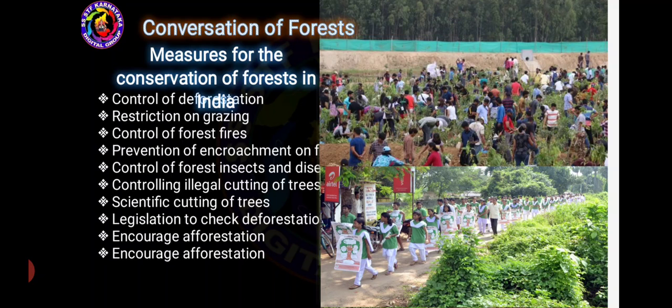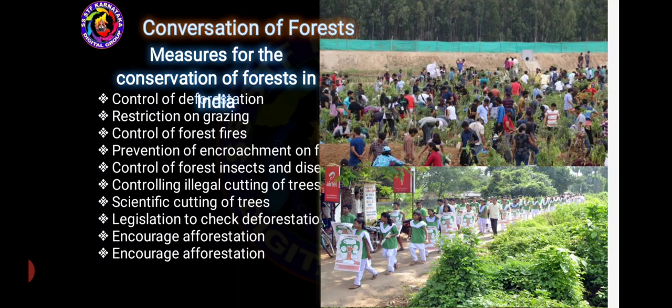1. Control of deforestation. 2. Restriction on grazing. 3. Control of forest fires. 4. Prevention of encroachment on forest or avoid acquiring forest areas. 5. Control of forest insects and diseases. 6.